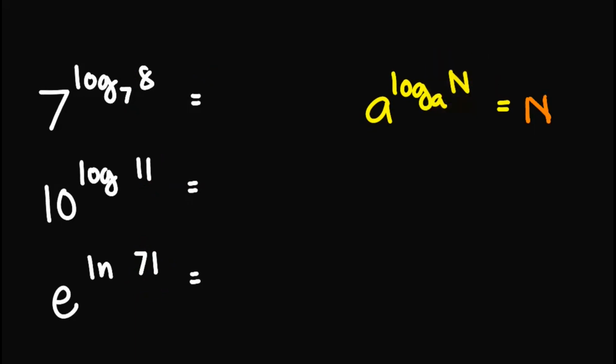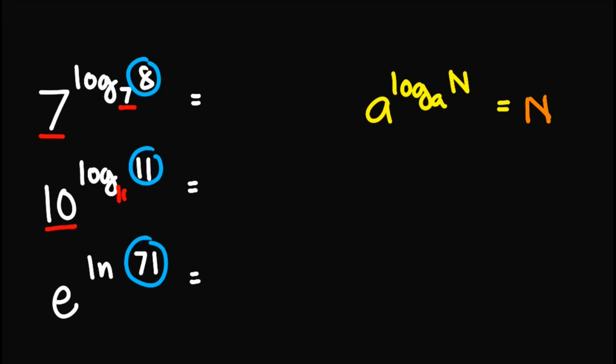So technically, similar to the one a while ago, this one out here cancels out as long as the bases are the same. Therefore, the outcome for these are simply 8, 11, and 71, since we know that the bases here are the same.